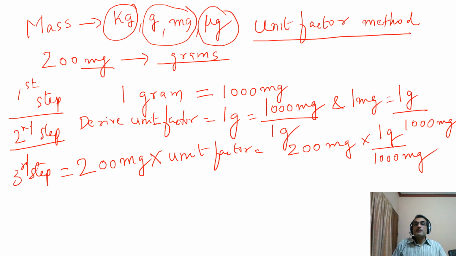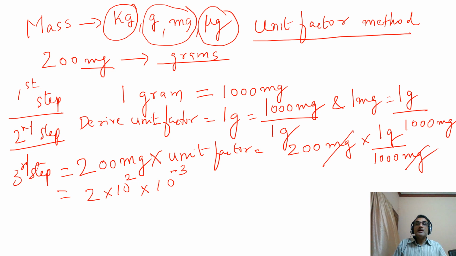So here milligram and milligram will cancel and I'll be getting the final answer 2 into 10 to the power of 2 multiplied by 10 raised to minus 3 grams.